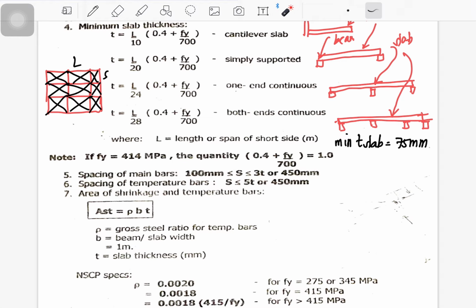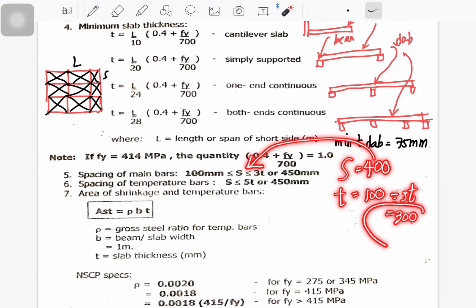So if you compute your S equal to 400, and you check the maximum spacing of main bars, and your thickness is just 100, your 3T is equivalent to 300. So you will use 3T for your S.